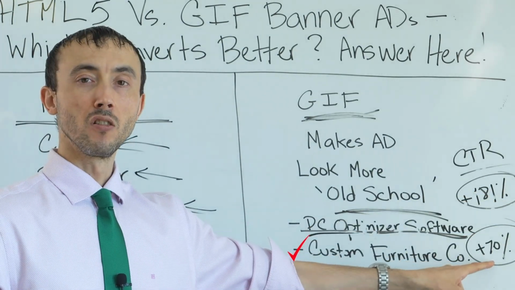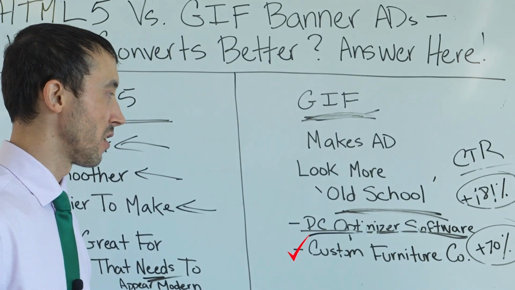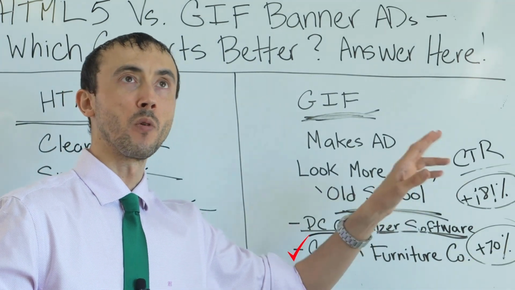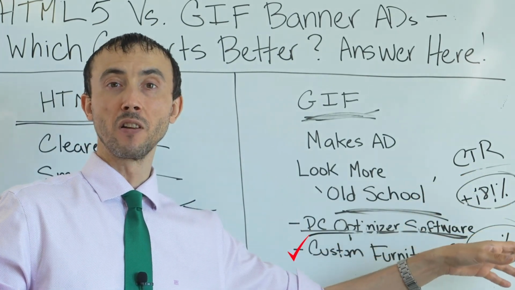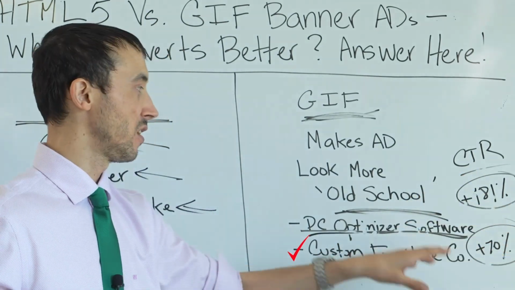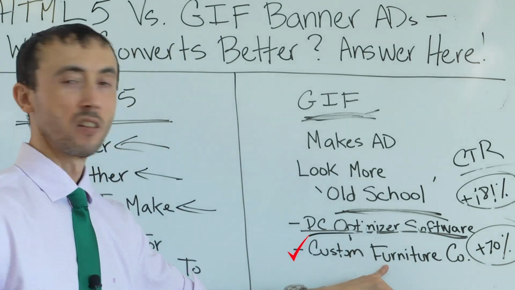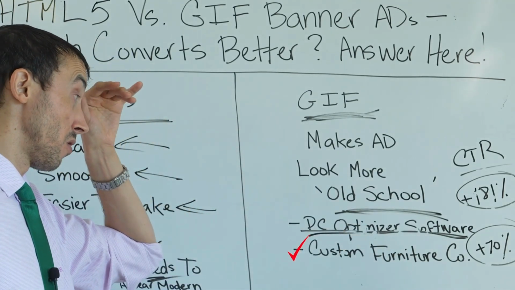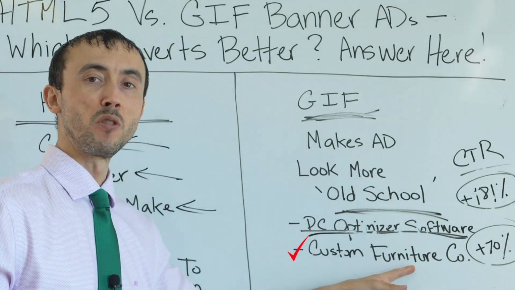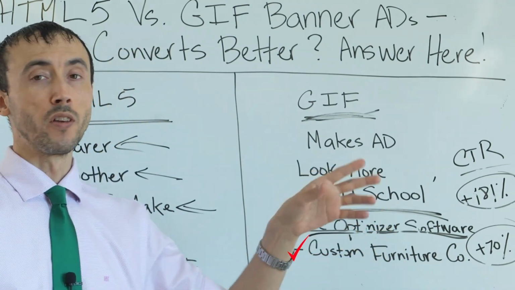This is ginormous here. Usually we're shooting for like a 10 to 25% increase in click-through rate, testing smaller elements on an ad or messaging. This is huge. And I attribute that back to, again, old is better.